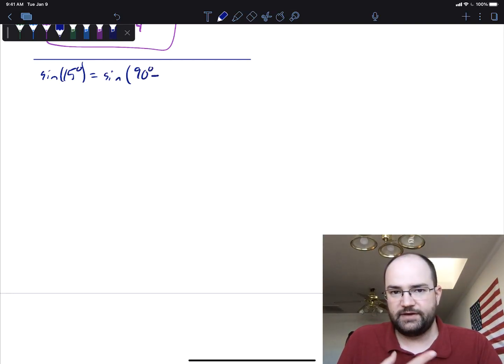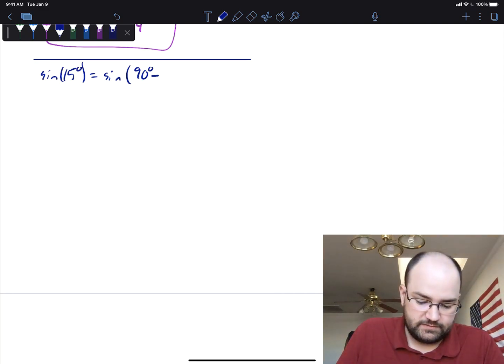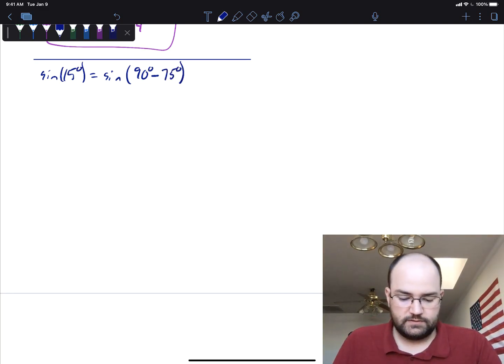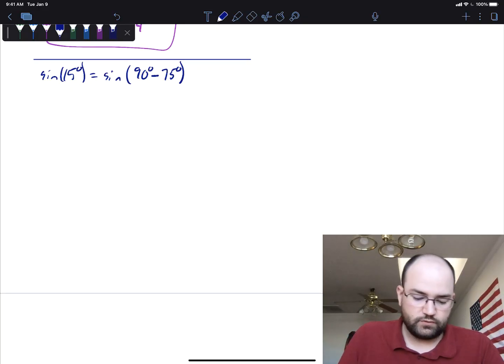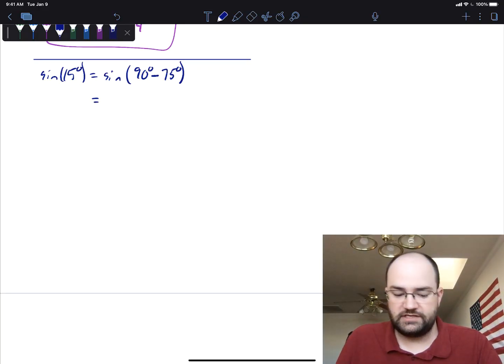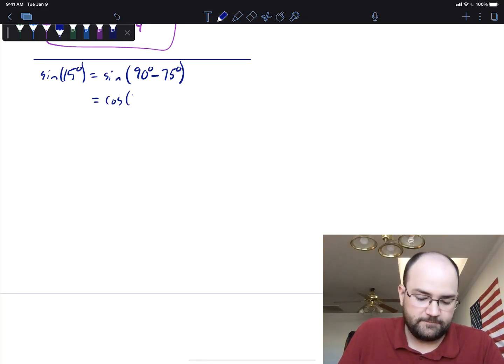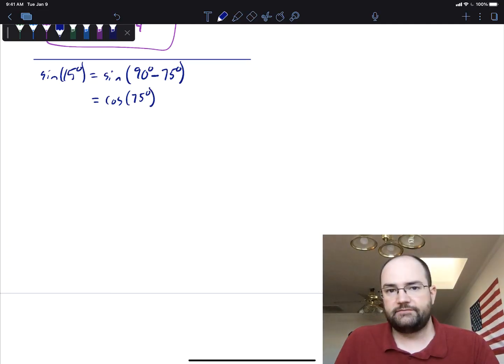In other words, what's 90 minus 15? Well, that would be 75. Which tells me that using the cofunction identity, this is cosine of 75 degrees.